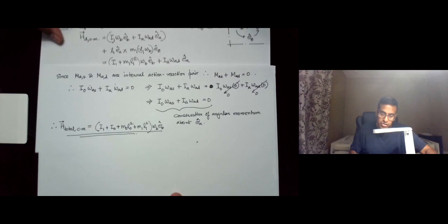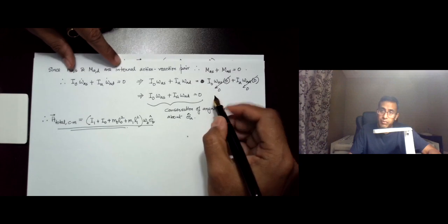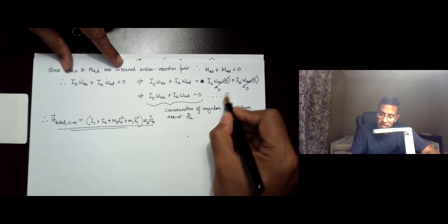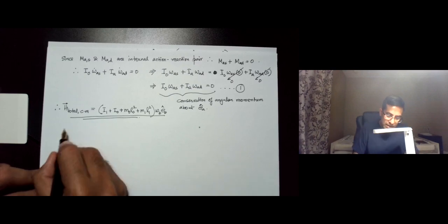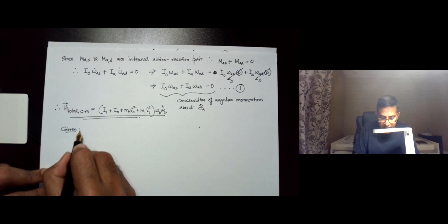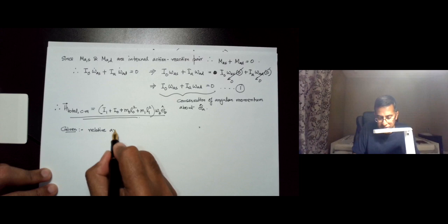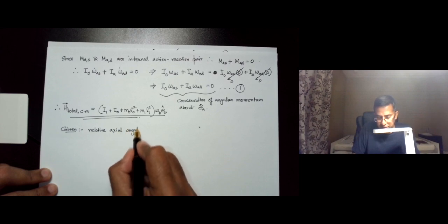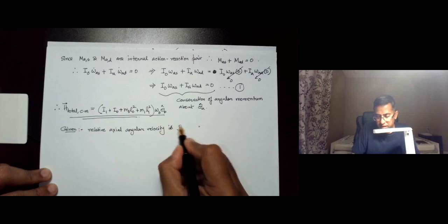Now part 1 of the problem asks for the angular velocity of the individual disk and sphere at any arbitrary instant. In order to find it, we'll make the following observation. We'll call this equation 1, and we will recall that it is given in the problem that at any given instant the relative axial angular velocity is omega t.